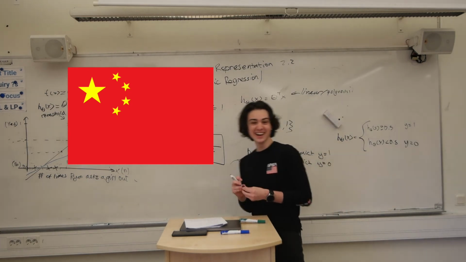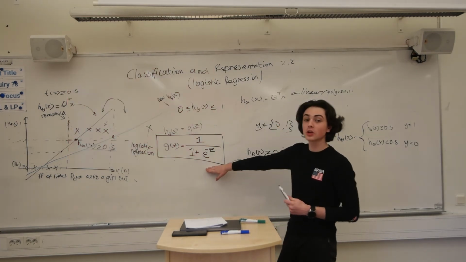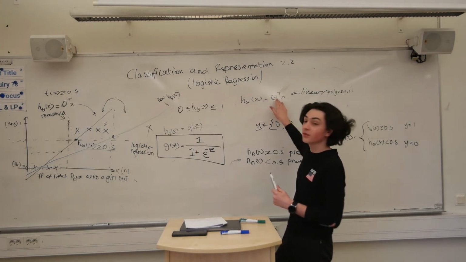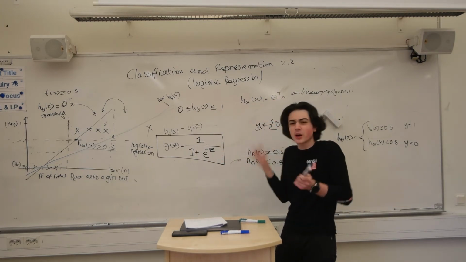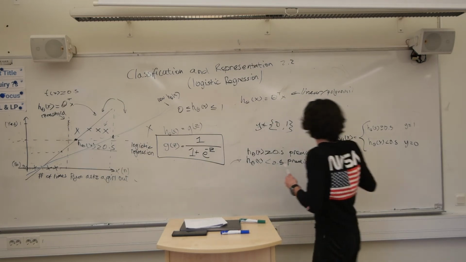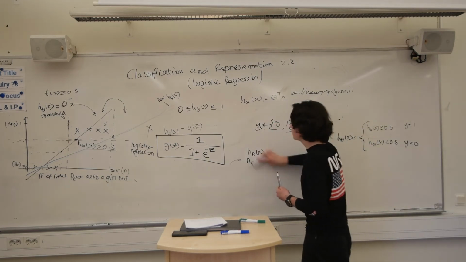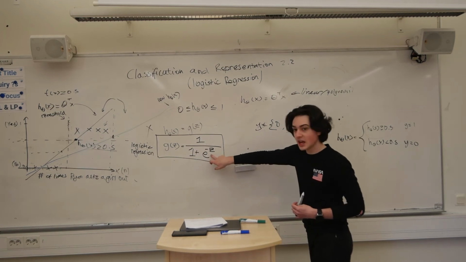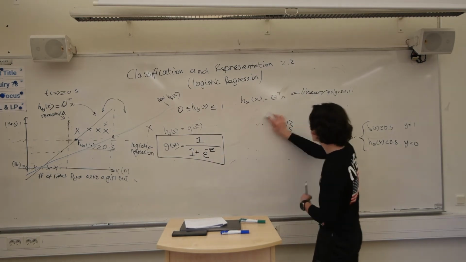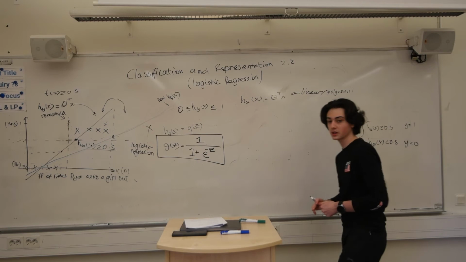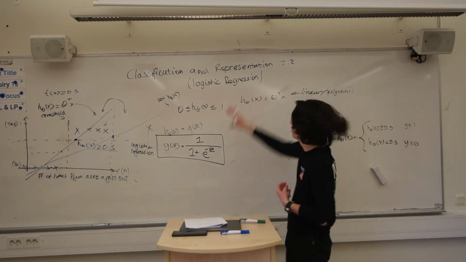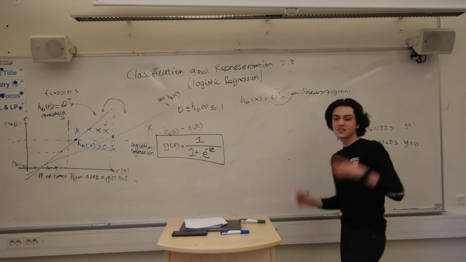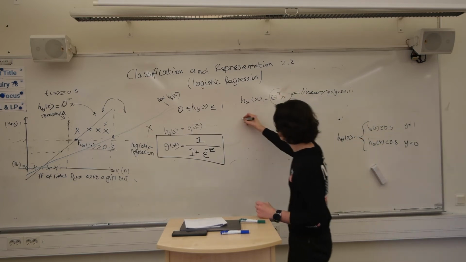Now, this function, we can rewrite it in another way in terms of theta transpose x, because we want it in that term. z is kind of arbitrary, it doesn't mean much to us. If you want to graph it, put an x there and you'll see the function. But I'll graph it for you by hand, because you need to know what it looks like. Let's rewrite this in terms of this, and you'll see the final function that you need to learn.